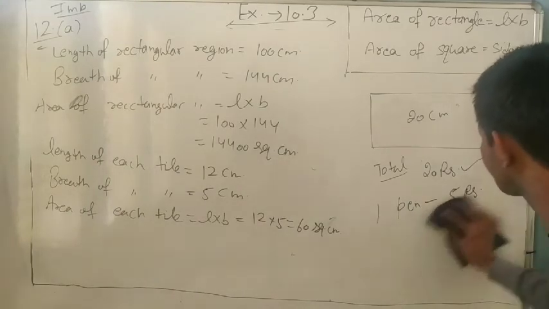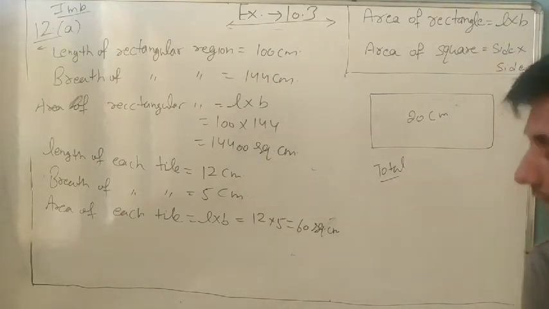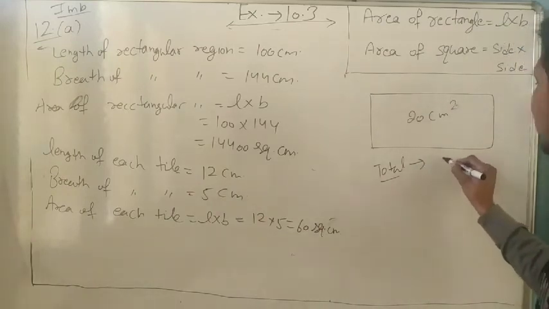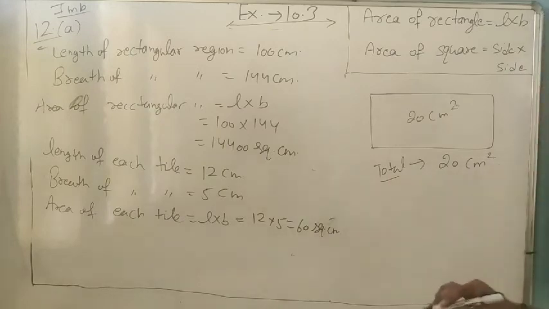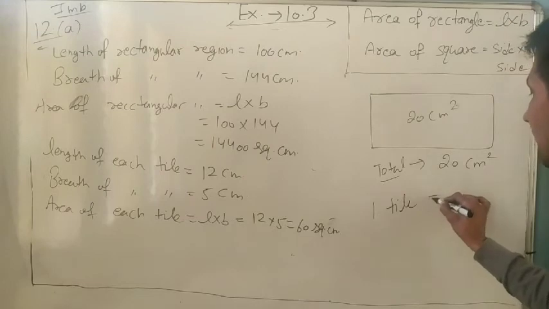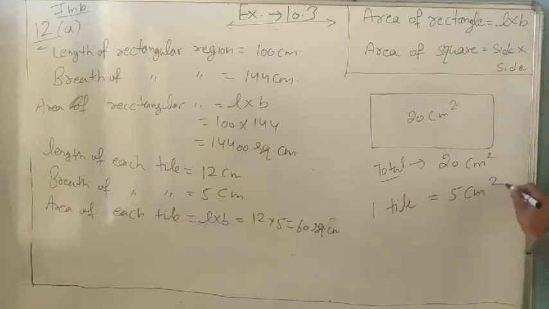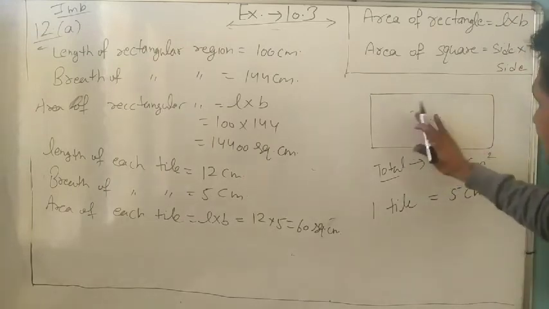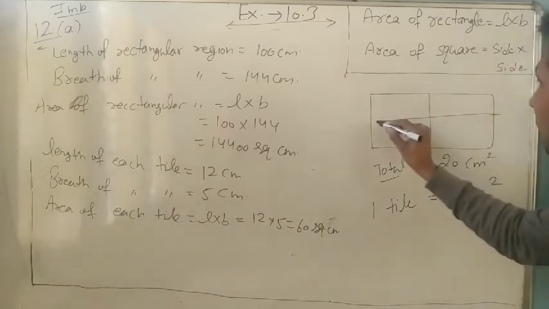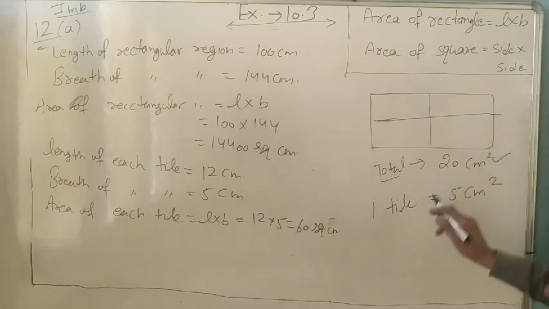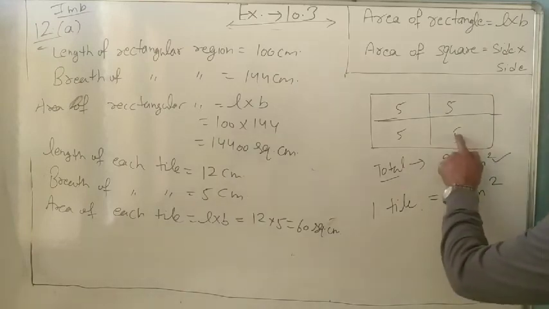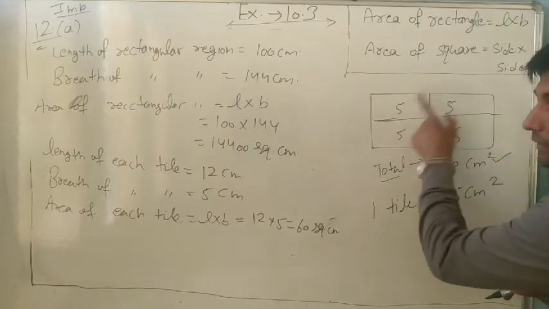Same as it is. If the total area of this rectangular region is 20 centimeter square, and you want to use tiles, and the area of one tile is 5 centimeter square, how many tiles will we use? Only 5? 5 plus 5, 10. 10 plus 5, 15. 15 plus 5, 20.